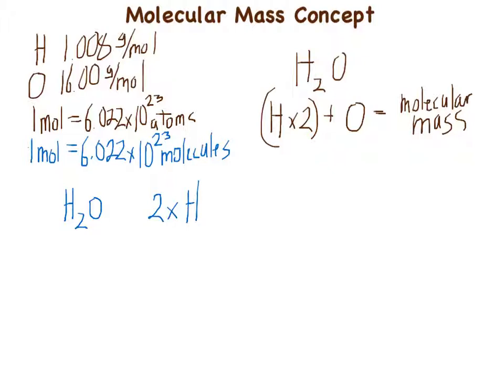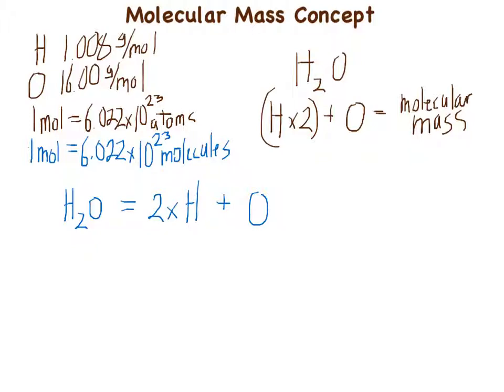I mean, you can see it right there. 2 hydrogens and 1 oxygen. Okay, so 1 water molecule equals 2 hydrogens and 1 oxygen. But let's say we had 1 mole of water molecules. So we have 1 mole of water molecules.